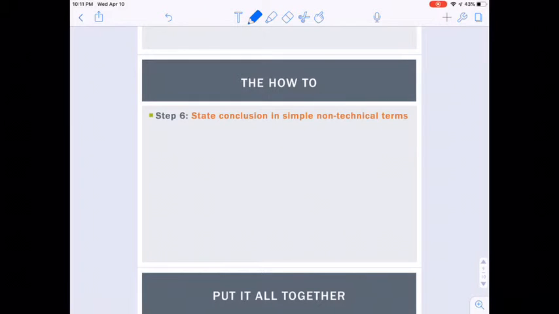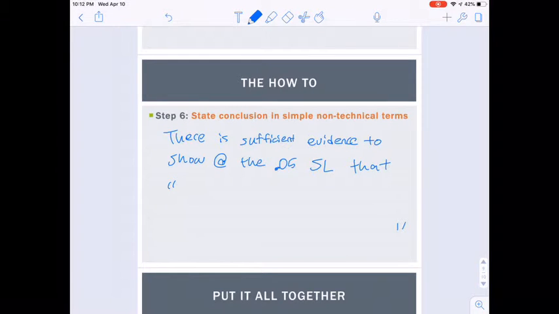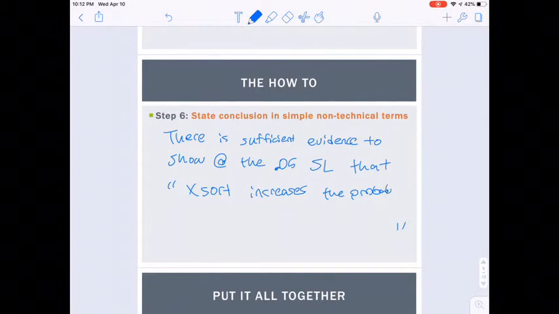So state this conclusion. There is sufficient evidence to show at the 0.05 significance level that, and then alternative hypothesis in words here, the alternative hypothesis says X sort increases the probability of having a baby girl.